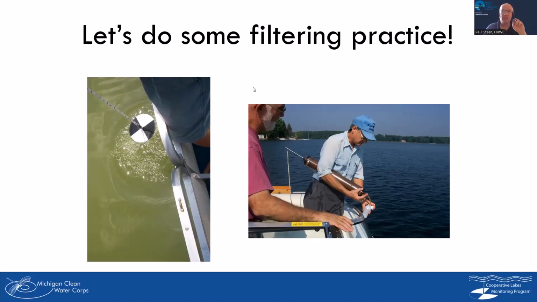There's a cost to enroll into the program, and then there is a cost for equipment. The reason we separate those out is, for example, if you're a longtime volunteer, you're not going to need to pay for a new Secchi disc every year. That would be a one-time purchase. So those are itemized in the enrollment process. Oh, great. Thanks, Joe. Joe just put in chat the costs, so you can see them without having to go through the enrollment process. That's right. It's just listed there for you.